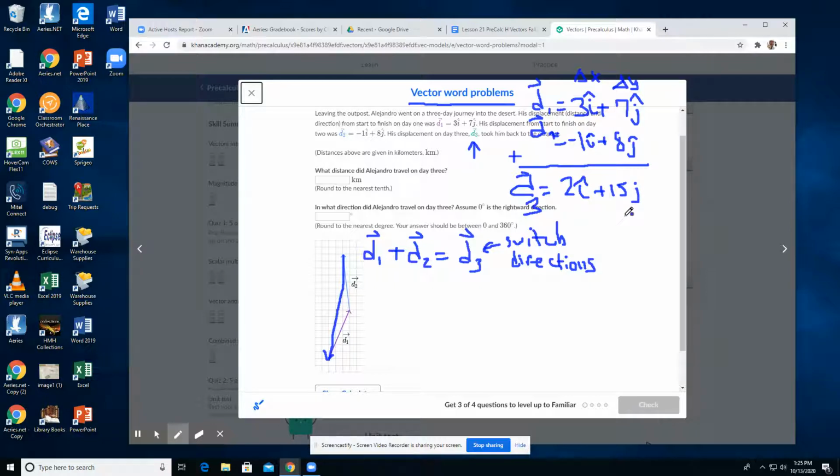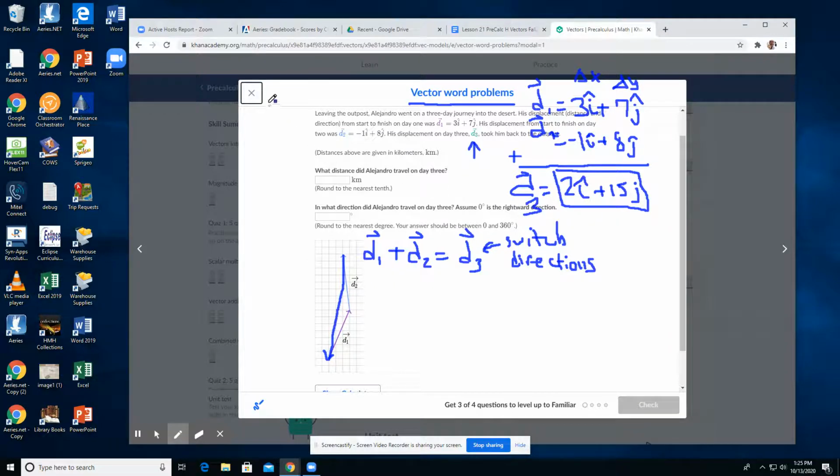So what distance did Alejandro travel on day 3? If we're going to find the distance here, we're going to use this new vector on day 3, the distance he traveled. That's just the distance formula for these components.